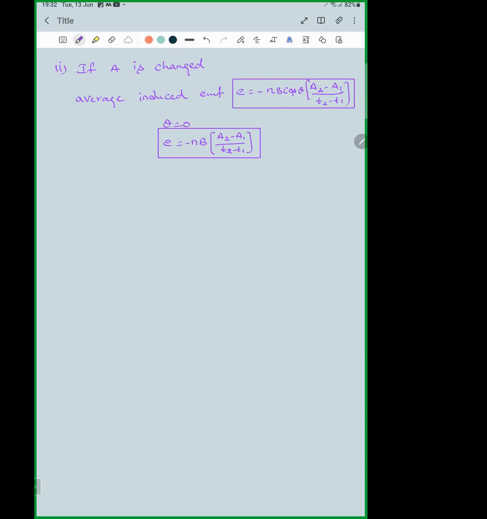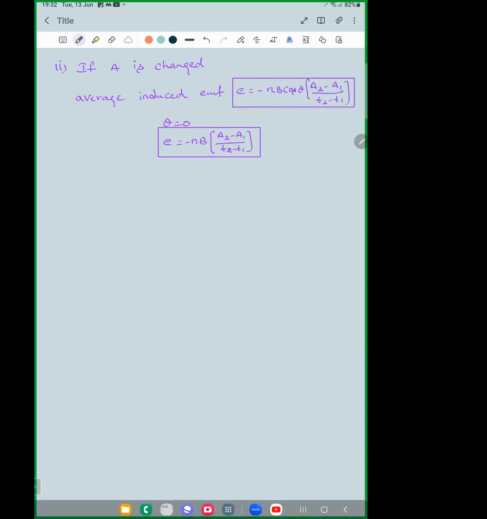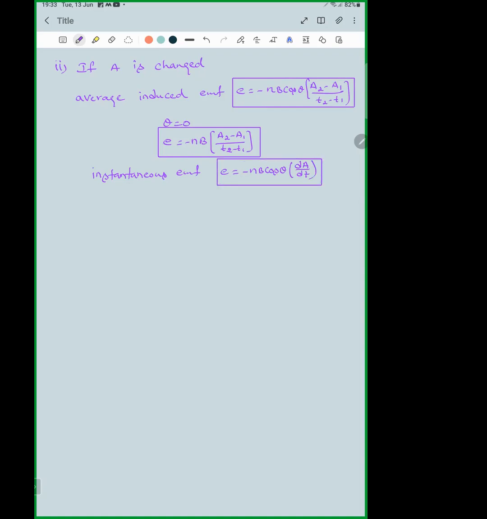And instantaneous EMF is E is equal to minus NB cos theta into dA by dt. Here we have written 2 conditions: one is area change, the other is B change.